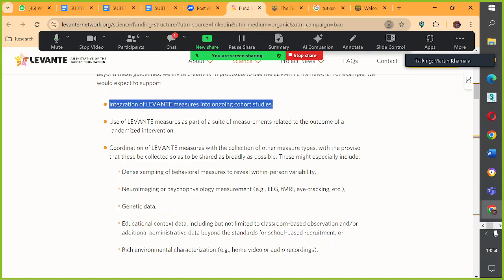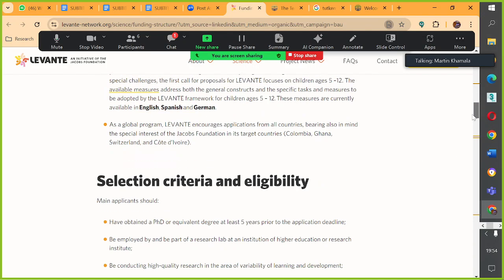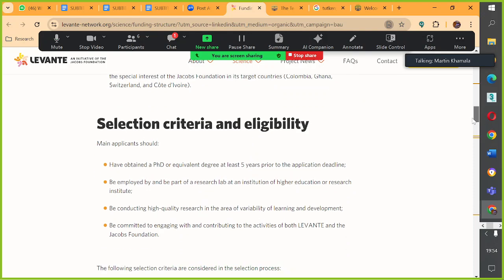Second, the use of LEVANTE measures as part of a suite of measurements related to the outcome of a randomized intervention. Number 3, coordination of LEVANTE measures with the collection of other measure types, with the proviso that these be collected so as to be shared as broadly as possible. Okay, and these might especially include all this. All right, there's some details there. I don't know if I should read that.